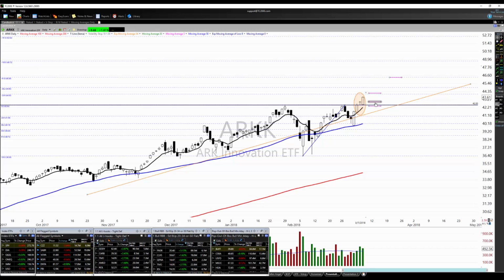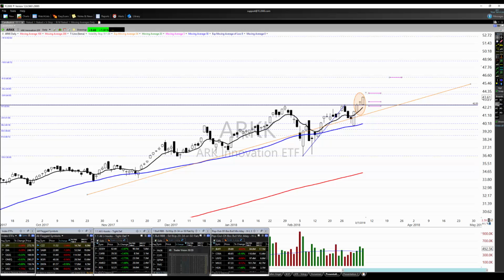Let's say that we enter about, let's call it 43 bucks with a 42.40 stop and a first target here, 44.15, and a second up here about 46.30.